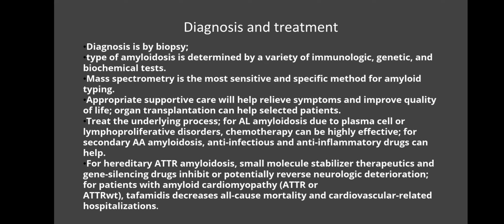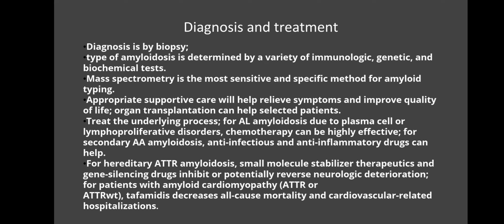The end result may be organ transplantation for improving the quality of life, or we can treat the underlying process. So for AL amyloidosis due to plasma cell or lymphoproliferative diseases, we can give chemotherapy. For secondary AA amyloidosis, anti-infectious or anti-inflammatory drugs.